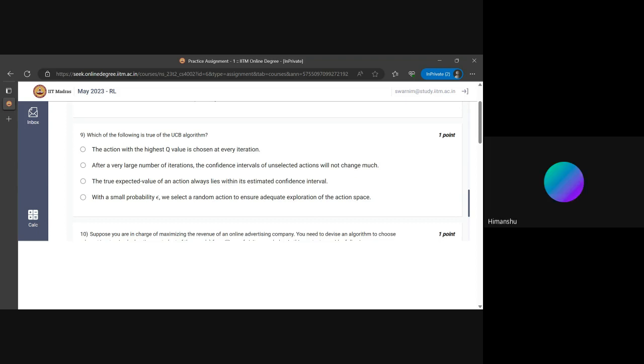No, because we try to balance exploration and exploitation by considering both the estimated value and its confidence interval. That is correct: after a very large number of iterations, the confidence intervals of unselected actions will not change much.